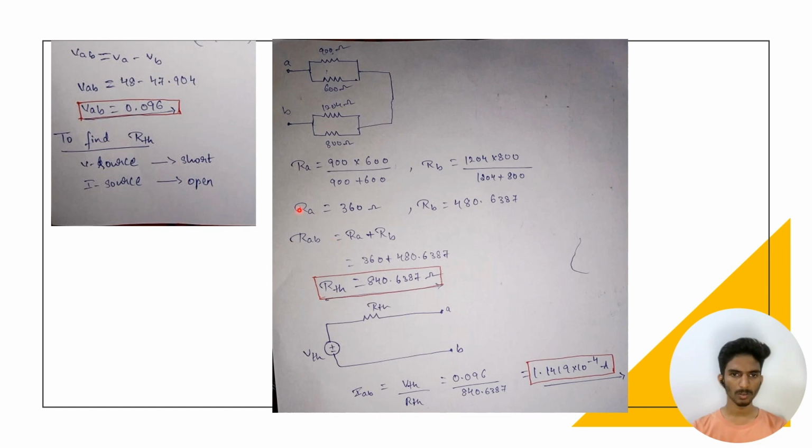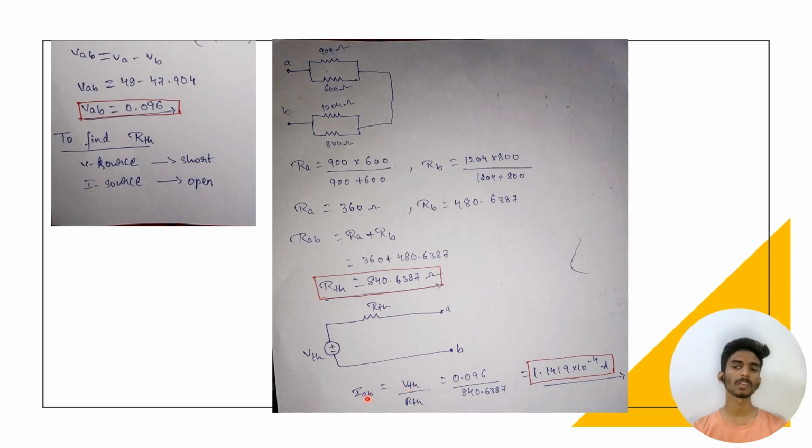We calculated RA and RB, that is RA is 360 ohm and RB is 120.6387. So we are adding them because they are connected in series, RA plus RB. RTH we get 480.6387 ohm. After this is the finalized Thevenin's simplified circuit network.